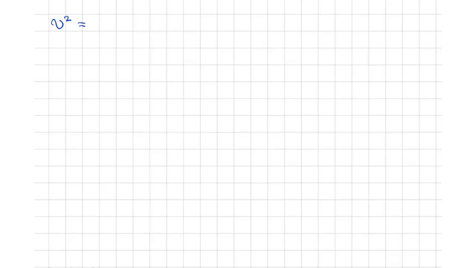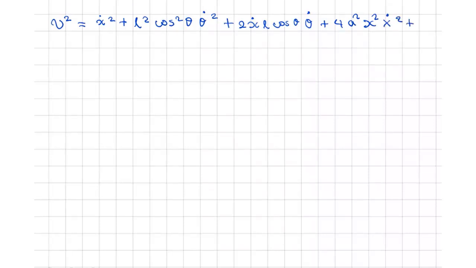It's going to be x dot squared plus L squared cosine square of theta dot square plus 2x dot L cosine of theta dot plus 4a square x square x dot square plus L square sine square of theta dot square plus 4a x x dot L sine of theta dot.